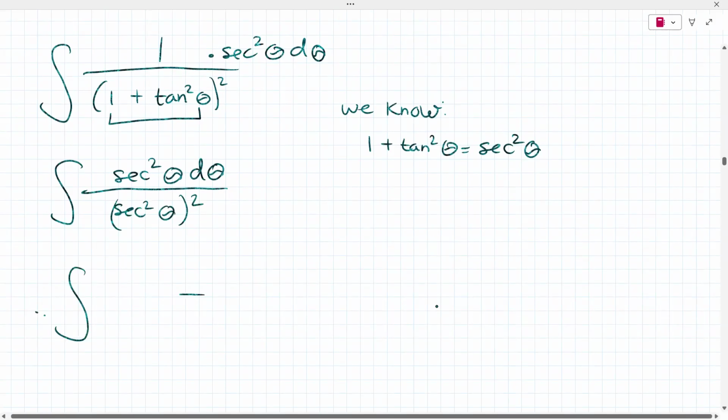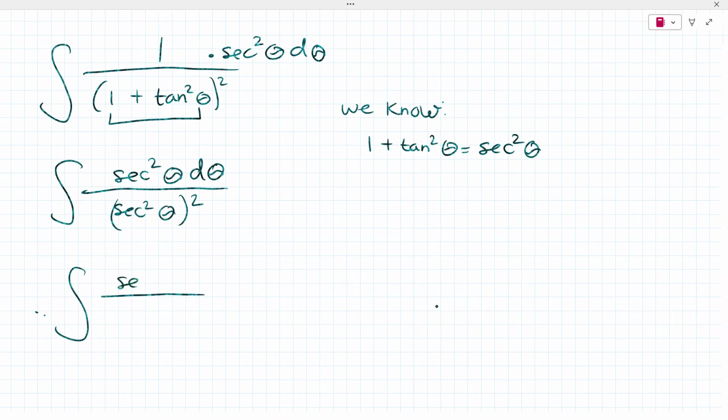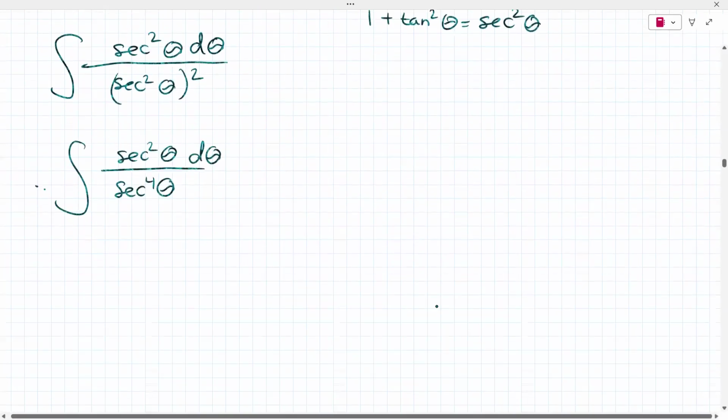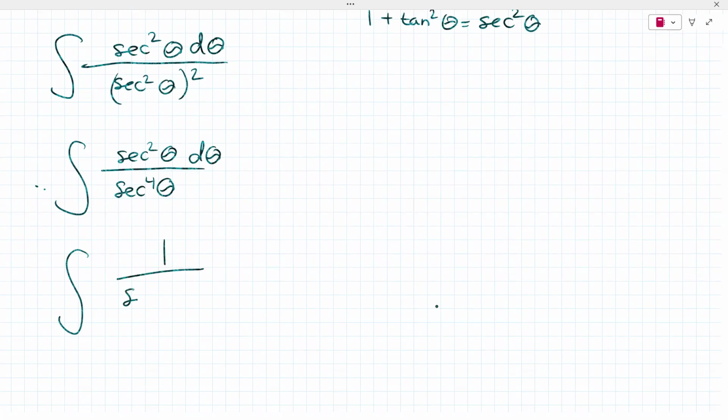It's going to be secant squared theta. What's secant squared theta raised to the second power? That's secant to the fourth. Secant squared over secant fourth is the same thing as 1 over secant squared theta d theta.